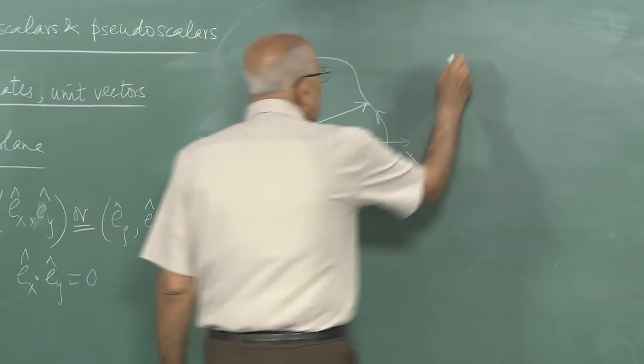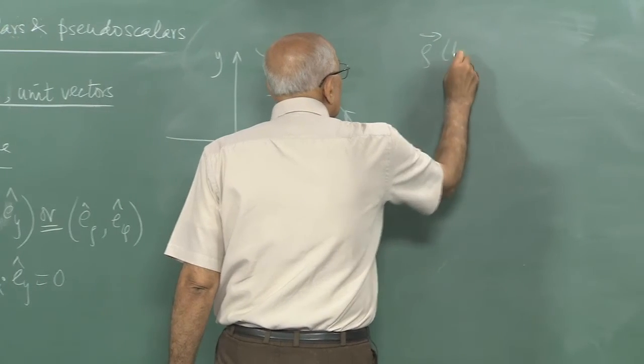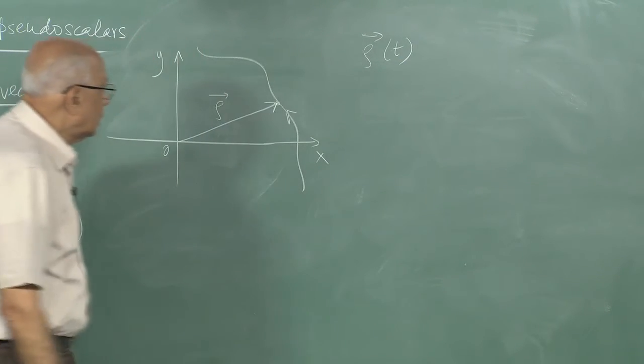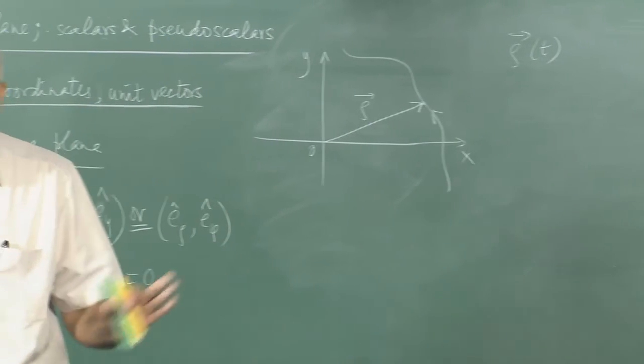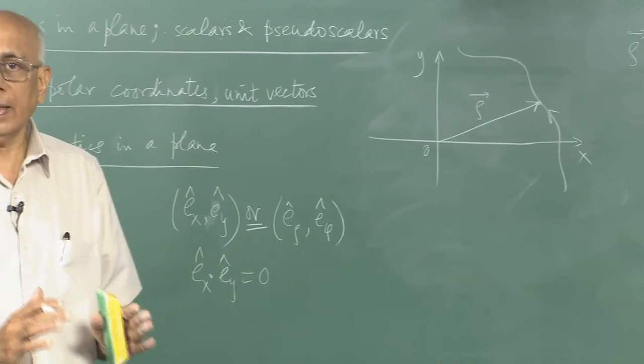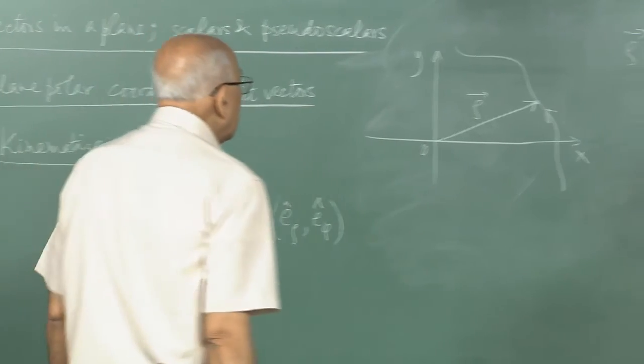It changes from time to time. So rho is a function of time. The position vector of a particle moving in a plane in some arbitrary fashion is a function of the time. Okay.